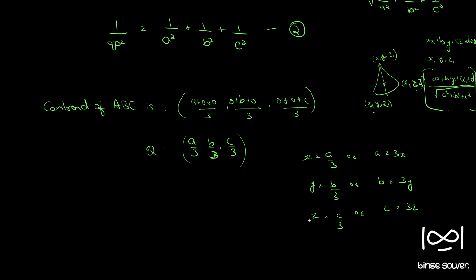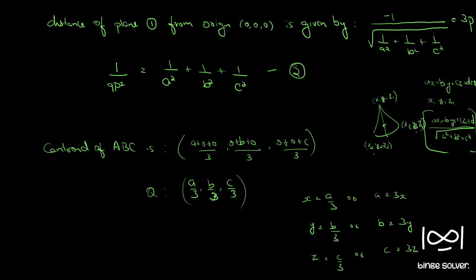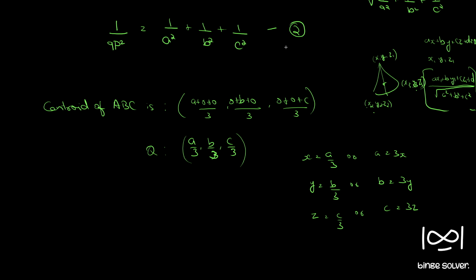To find x, y, z, which is the locus of the point Q, we just have to eliminate this a, b, c using 2 and this.